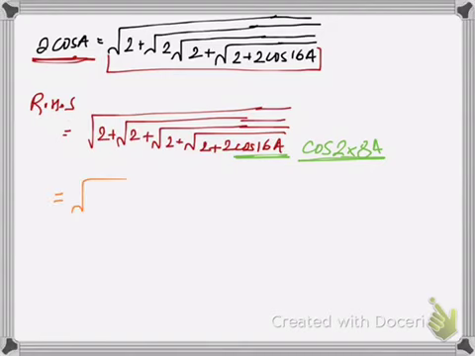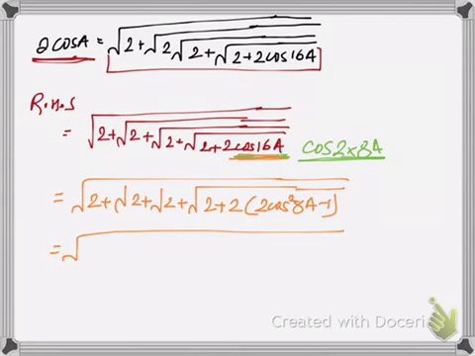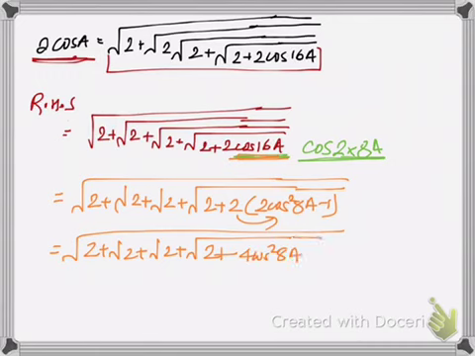So let me substitute the same formula over there: 2, and then once again root 2, once again root 2 plus 2. So cos 16A, which is cos 2 times 8A, is equal to 2 cos square 8A minus 1. I've applied the same formula here, so root 2, and then root 2 plus 2 times 2 is 4 cos squared 8A, and then 2 times negative 1 is negative 2.